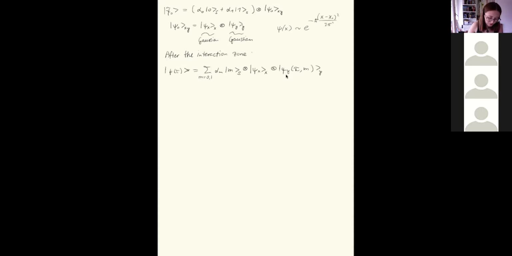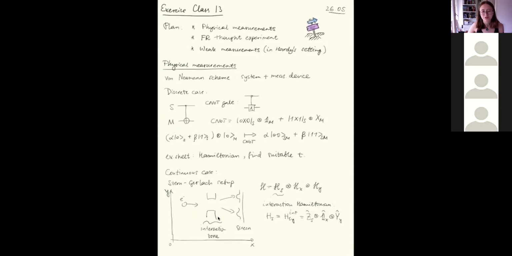And basically, because of this, if you then consider that after going out of the interaction zone, the electron moves for some time until it reaches the screen.